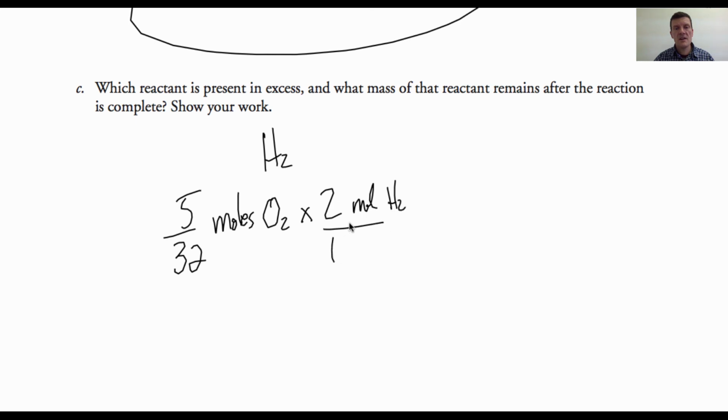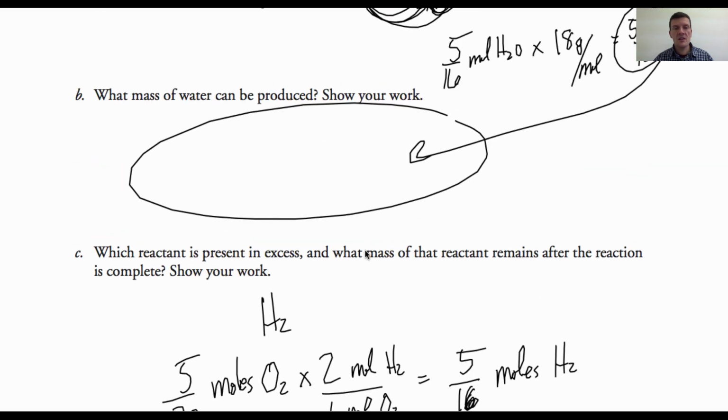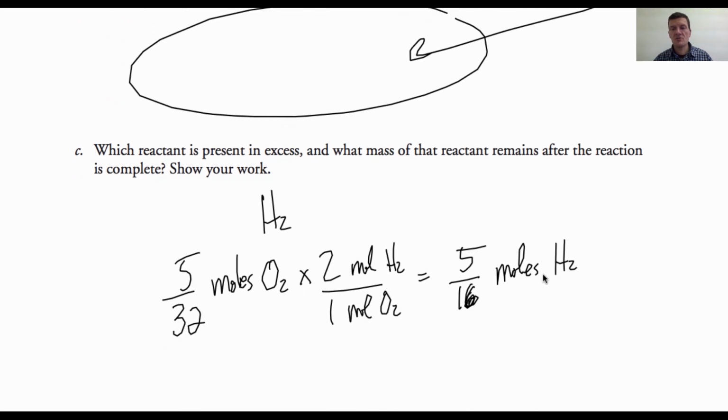Every 2 moles of hydrogen react with 1 mole of oxygen. So I'm going to have 5/16, same as the amount of water, by the way, moles of hydrogen. And then what mass of that reactant remains? This is how much is going to be used. So then I would multiply this by 2.